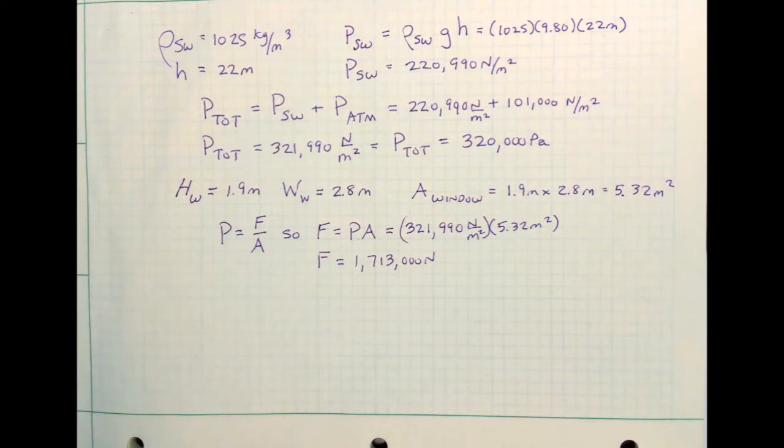We would then subtract those two forces to find out the net force felt by the window. But we are only asked for the force felt by that window on the side with the water tank, and that is 1,713,000 newtons, or to two significant figures, 1,700,000 newtons.